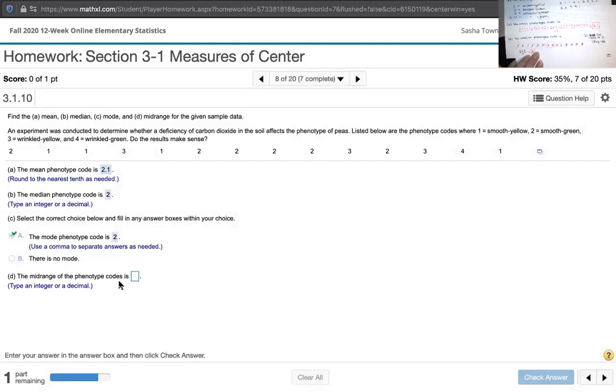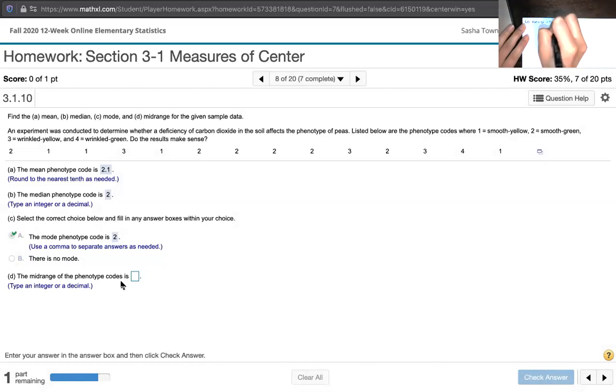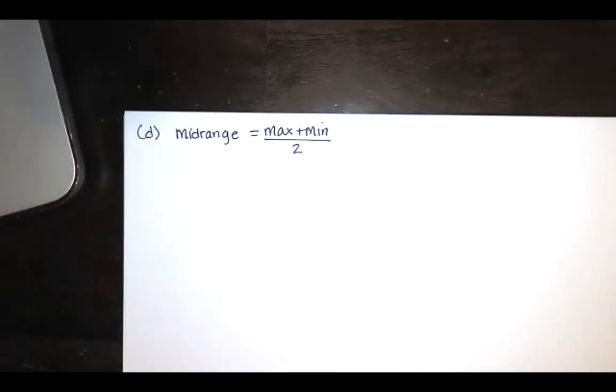And then the last thing we're asked to do is find the mid-range of the phenotype codes. And remember how you find the mid-range. Mid-range is found this way. You take the maximum value and minimum value for your data set, and then you add them together and divide by 2, like you're taking the mean of the maximum and the minimum.